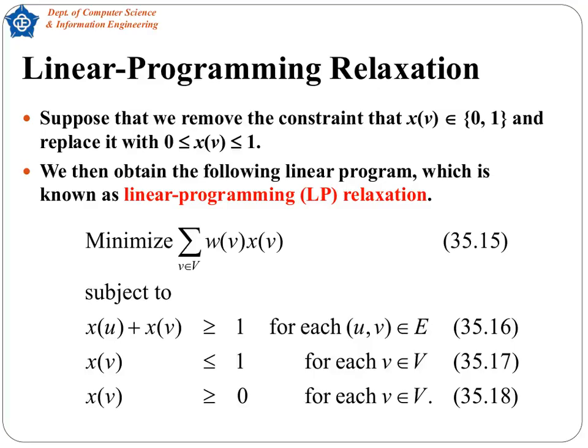For each vertex v, impose the upper bound x_v is less than or equal to 1. 3. Finally, require non-negativity: x_v is greater than or equal to 0 for all v. With the integer constraint replaced by these linear bounds, we obtain a program solvable in polynomial time. Even better, its optimal value provides a strong lower bound for the original integer problem, and it often inspires the approximation algorithms we'll explore next.